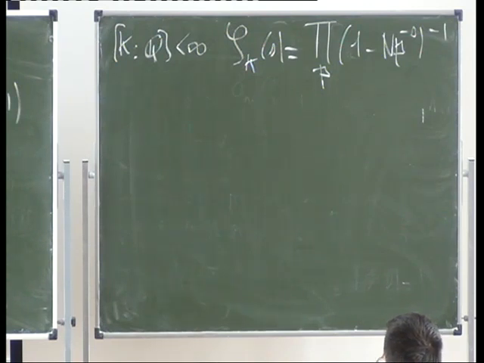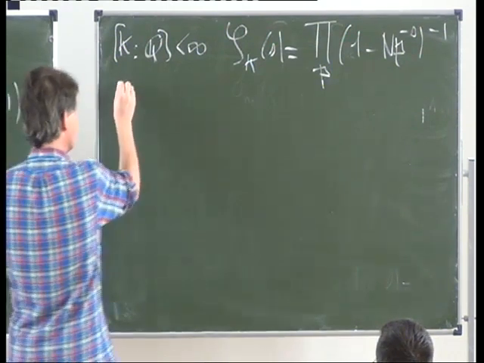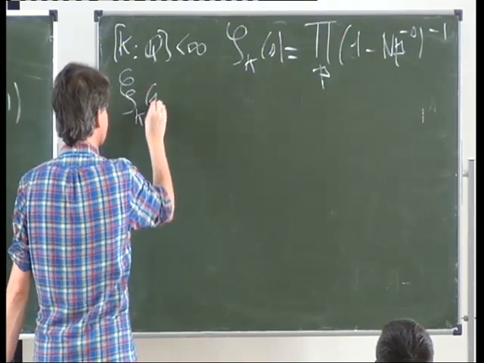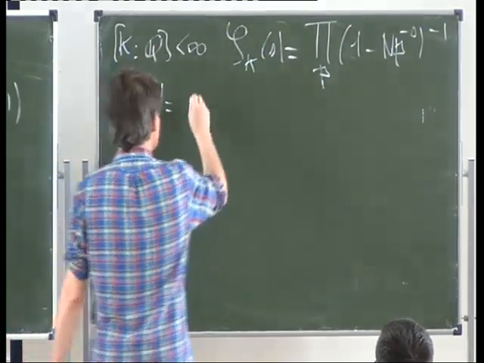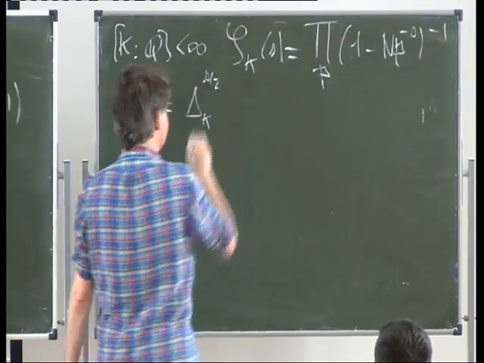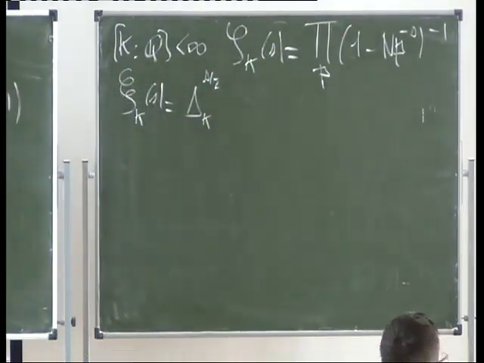By the way, in that case, the functional equation is known. So the correct analog of the function psi is you multiply by the discriminant of the field, power s over 2.